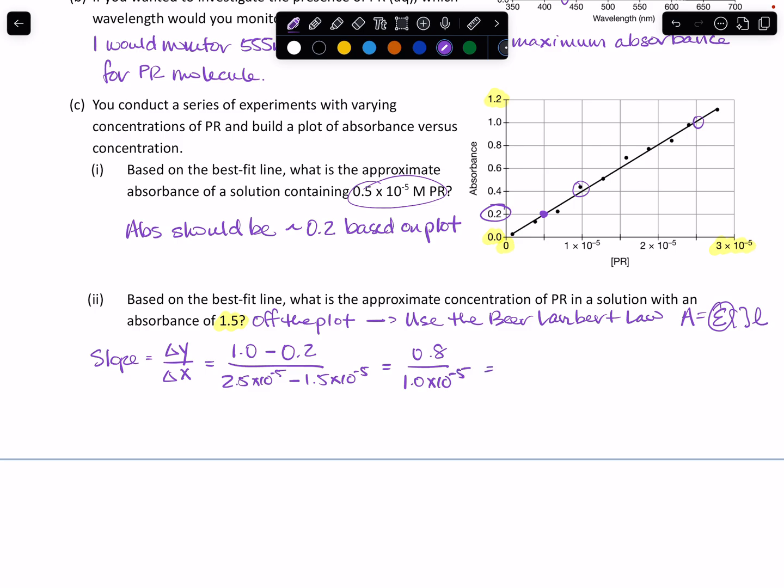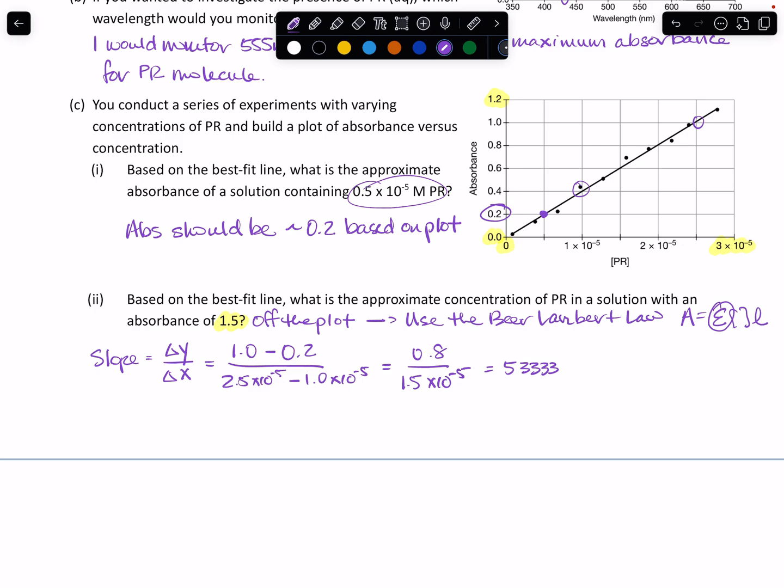Oh, I did this wrong. Should be one. Sorry. So 0.8 divided by 1.5 to the negative fifth, and I get 5.3333 for my slope.